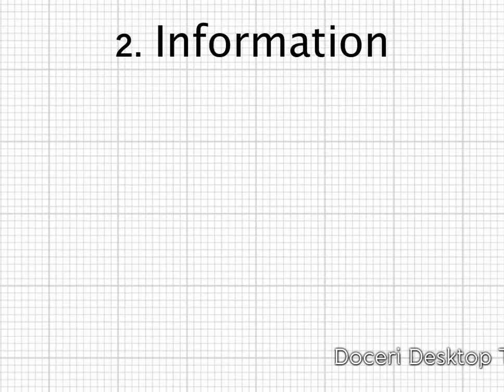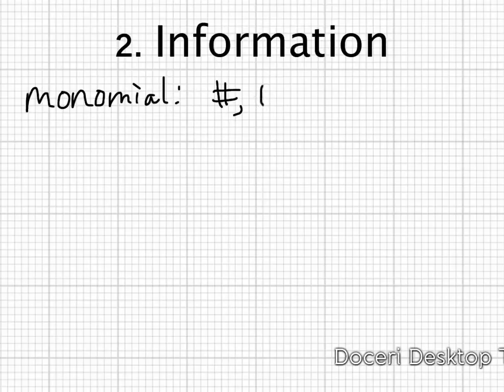Some terms you might need to know are kind of what we've been talking about. A monomial is just a number or a letter, or both together.